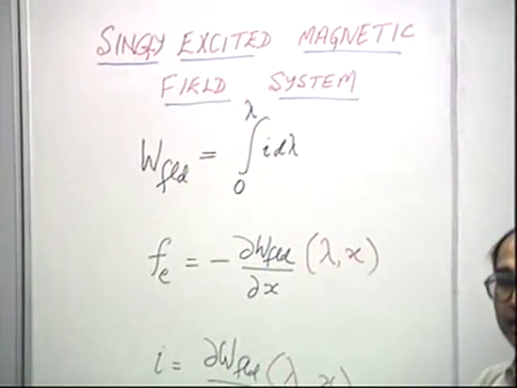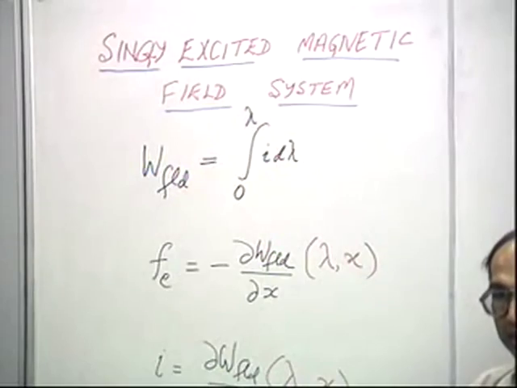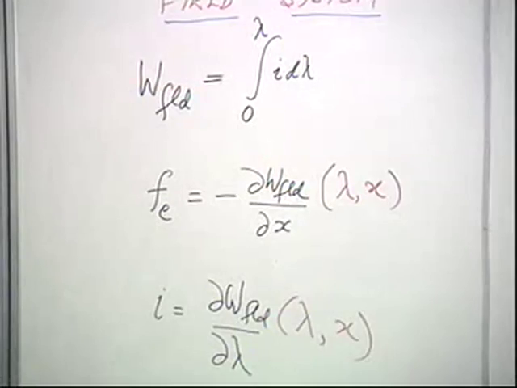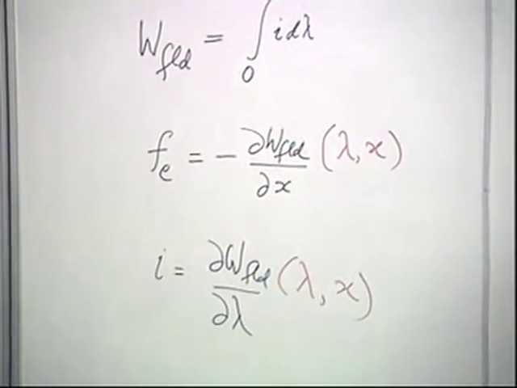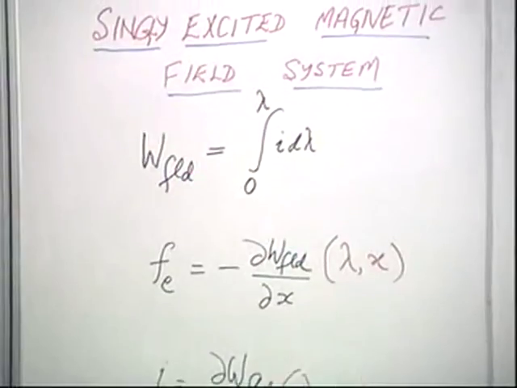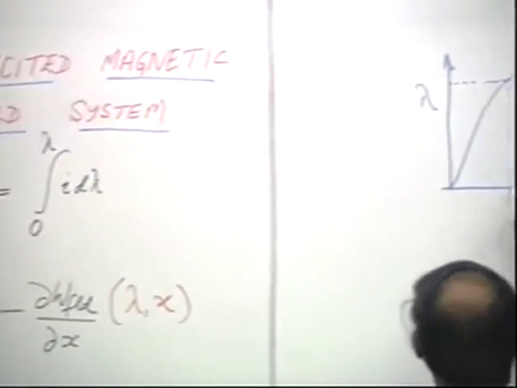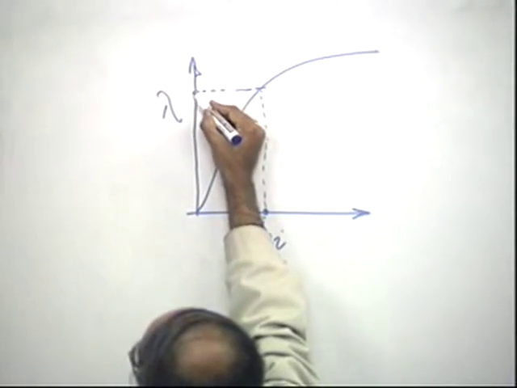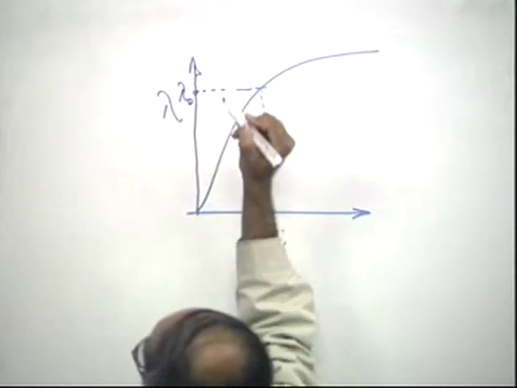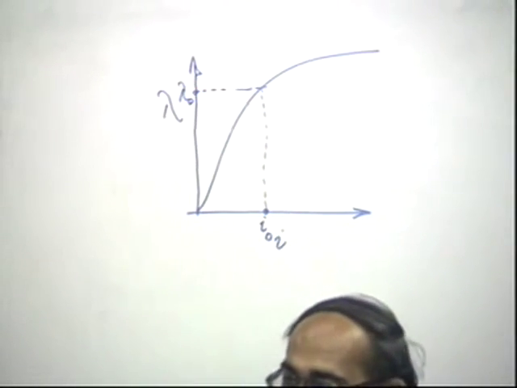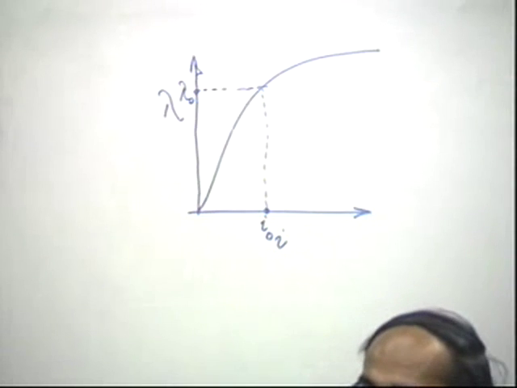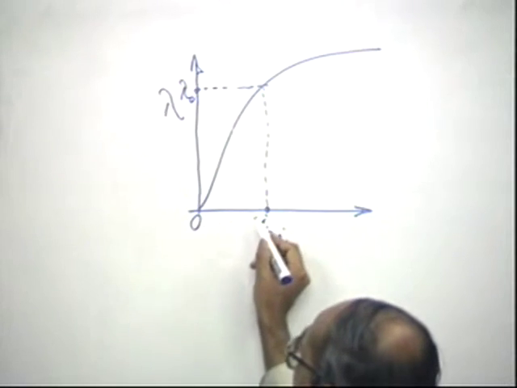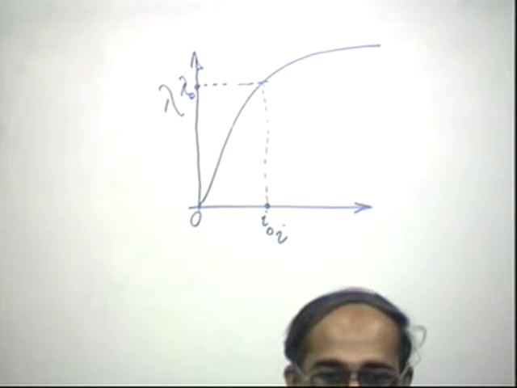The non-linearity is due to the magnetic iron part of the magnetic circuit, but if it were only the air portion, it would be totally linear. For any given value of, let us say, I naught, you have a specific value of lambda naught. That means you have excited the coil from 0 up to I naught and you reach lambda naught.